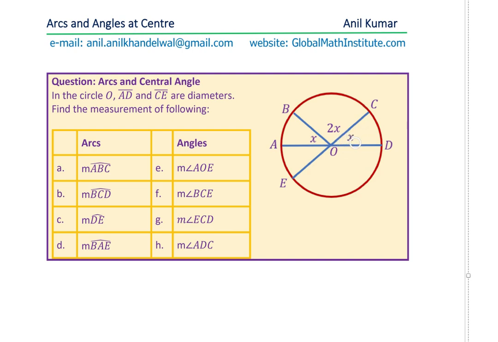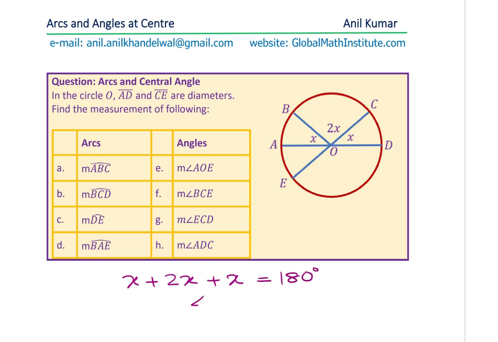Here we are given that the semicircle is x plus 2x plus x, and that gives you the value of x. So we know that x plus 2x plus x is equal to 180 degrees.